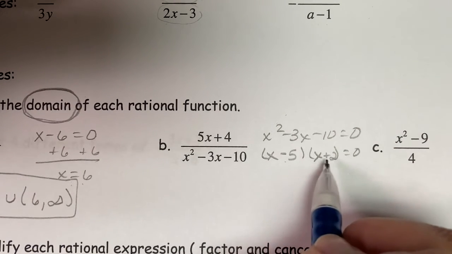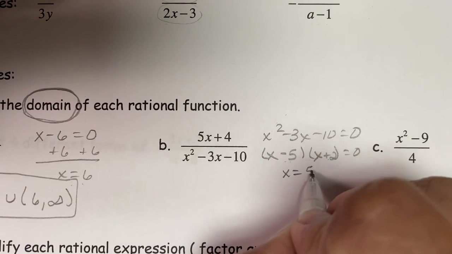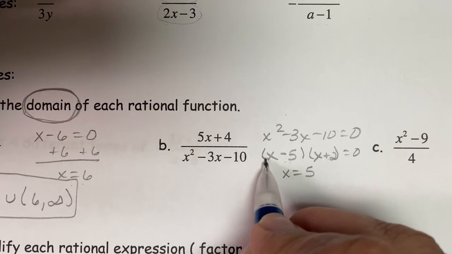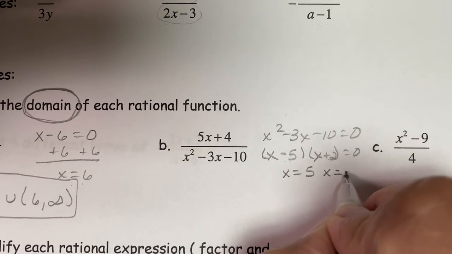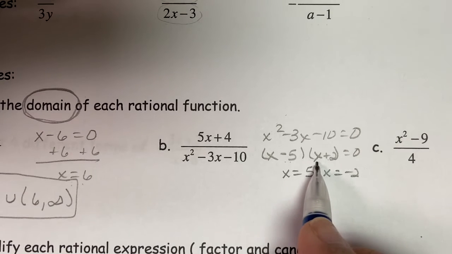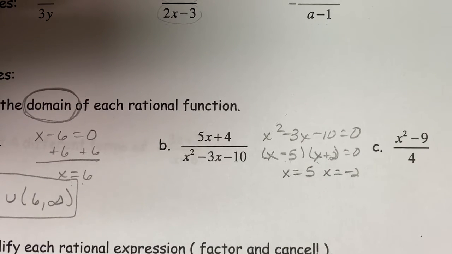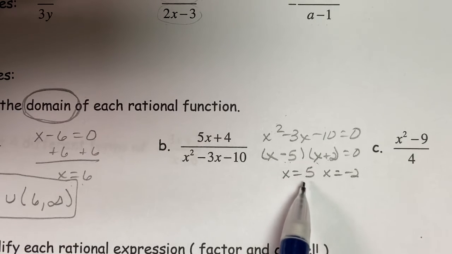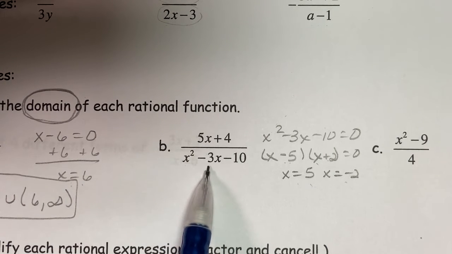If I take each of these factors and set them equal to 0, I would get positive 5 if I take this one and set it equal to 0. And I would also get a negative 2 if I were to take that second factor and set it equal to 0. So these two values, when plugged into the denominator, would get me a 0.